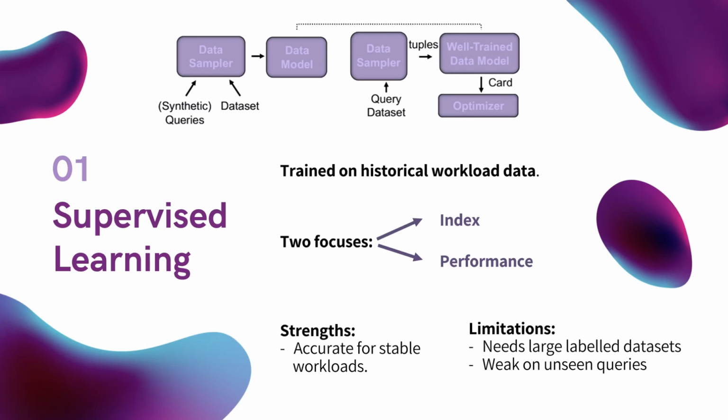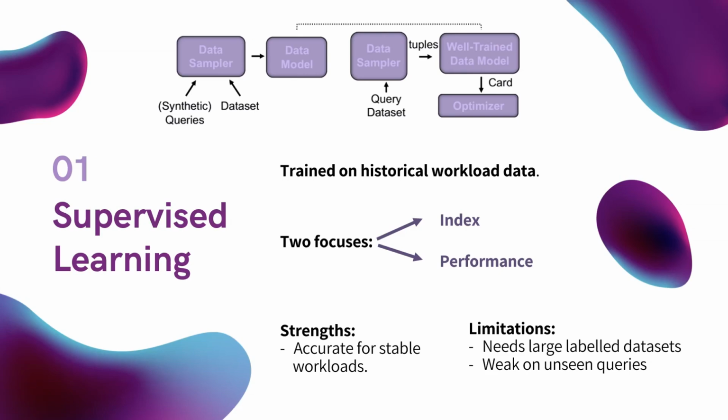Models following this type of learning commonly produce one of the two outputs. We have index-focused models, which classify candidate indexes as useful or not useful, and performance-focused models, which predict continuous metrics like expected query speedup or cost reduction. The strengths of this approach are its accuracy for stable workloads and relatively fast predictions once trained.